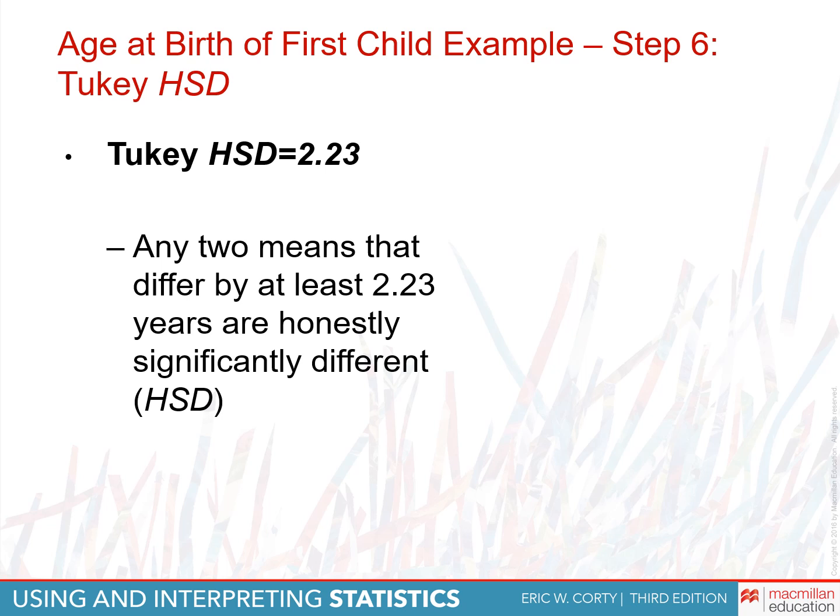So let's say that when we're looking at our age at birth of first child example, we calculate a Tukey HSD equal to 2.23. That means that any two means that are at least 2.23 different from each other are honestly significantly different from each other.